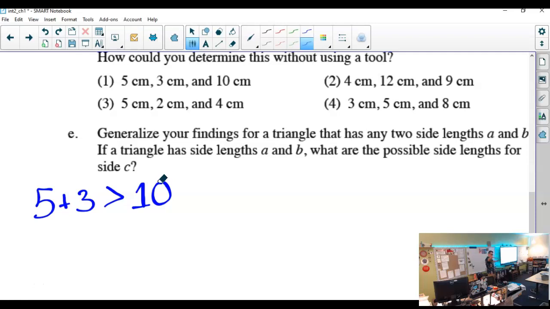Right? It broke, literally broke. The furthest you could go is the sum, and even then that's not a triangle. So even if they said 5, 3, and 8, that wouldn't work, right? If it's equal, that would not work. So 1, we can throw out right away. Throw this out, get out of here.